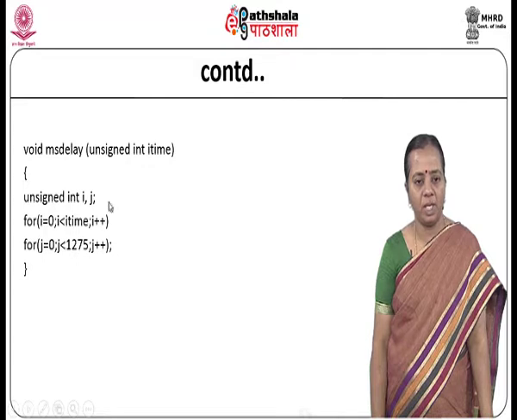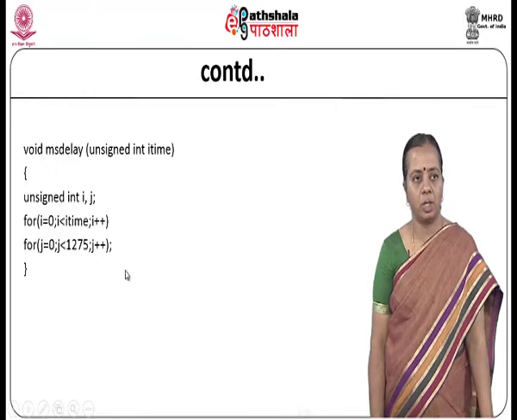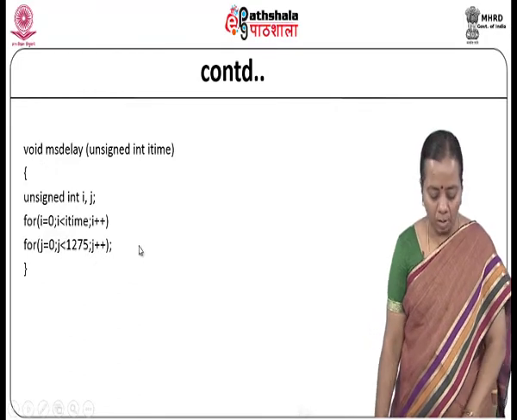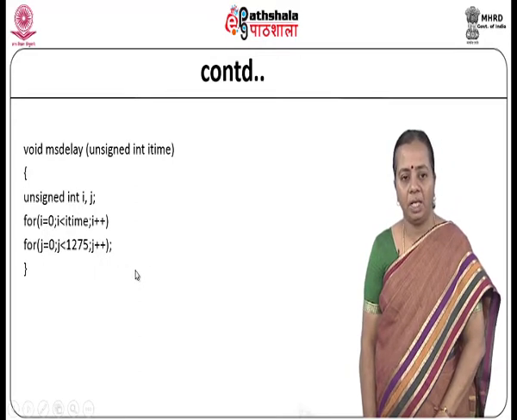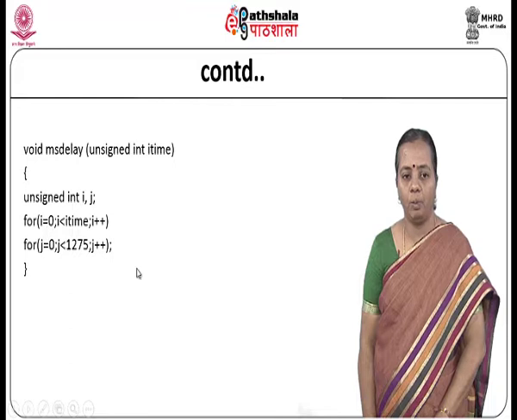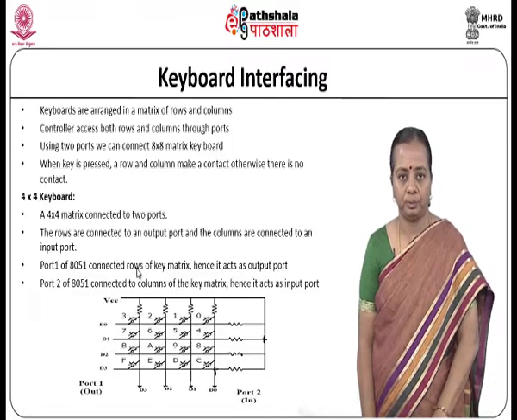For each count, the inner for loop rotates 1275 times, so I run this nested loop so that the delay time is executed. So, this particular code demonstrates how to write data to an LCD through embedded C code with 8051.